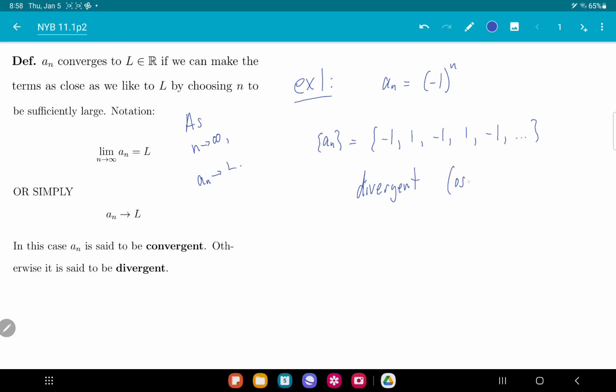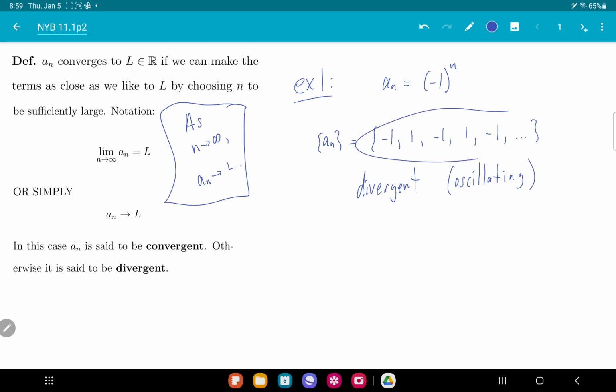Again, looking at my little rectangle here, as n goes to infinity, this sequence is just going back and forth, -1, +1, -1, +1, -1, +1. It is not approaching any single real number L.